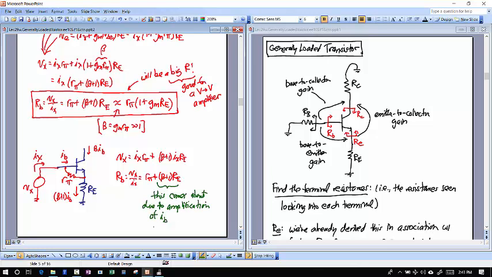Okay? So this is what you got to understand here. If you forget these equations, you can always get them back by what I call following the currents. Okay? In all of these transistor problems, if you follow the currents, you can solve them very easily without having to write any hybrid pi models. Okay? And that's what I'm trying to get you to do. Okay? So we got this by following the currents.